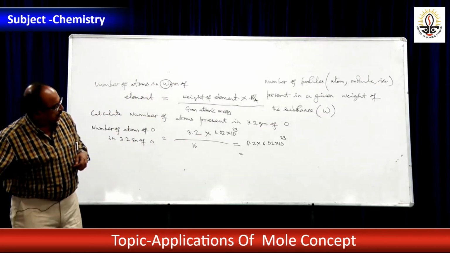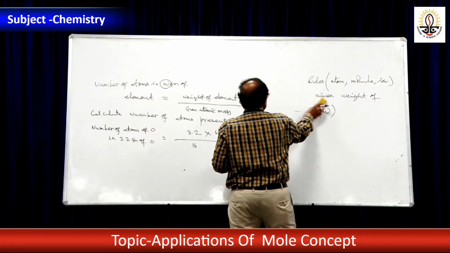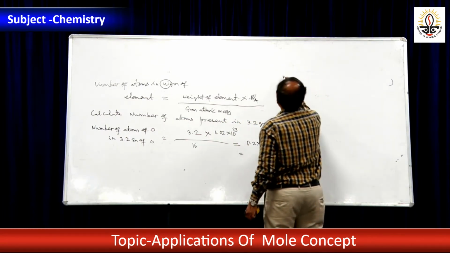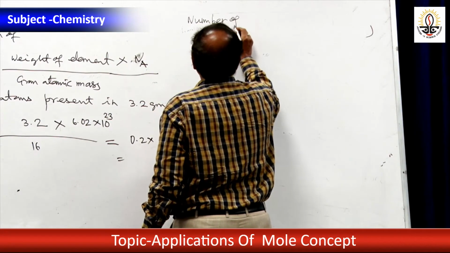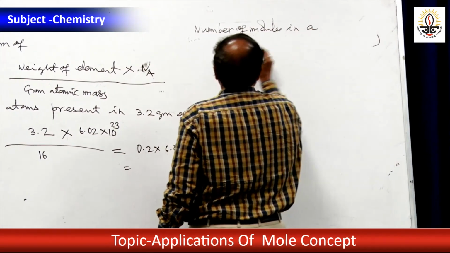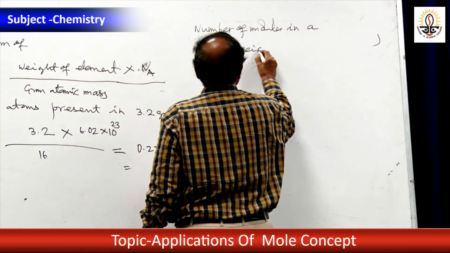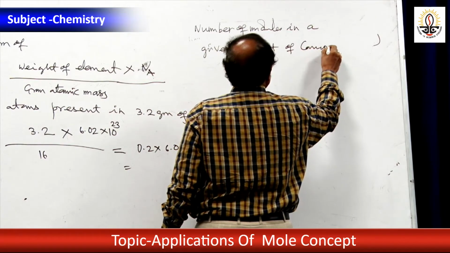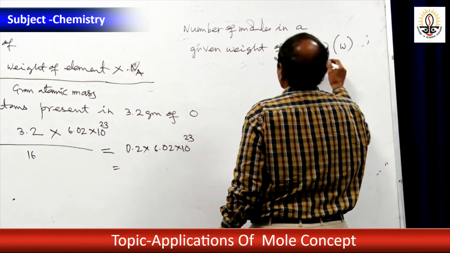Or suppose you want to calculate the number of molecules in a given mass of the compound, the same formula. Number of molecules in a given weight of compound, that is W, how much are present.